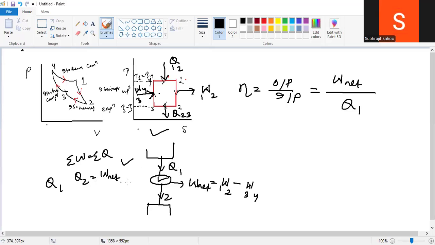Supplying means positive, and Q2 is rejected from the machine, so that's why it is minus. So what is the W net value? Q1 minus Q2. Simple. I'll replace this W net. Q1 minus Q2 divided by Q1. If I simplify this, 1 minus Q2 by Q1.